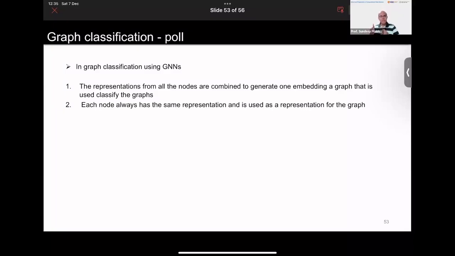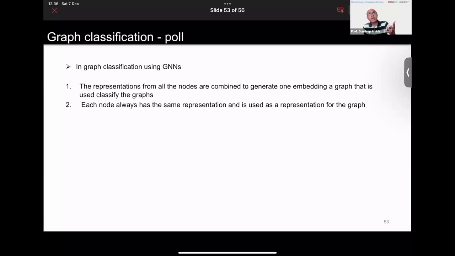So if you're using graph classification, now the question is how do you use the representations? So GNNs, recall that for every node you get an embedding, right? So it's going to take the attribute information along with the underlying graph structure and put that in the embedding space. Okay, now that means that if a graph has 50 nodes, you have 50 embeddings.